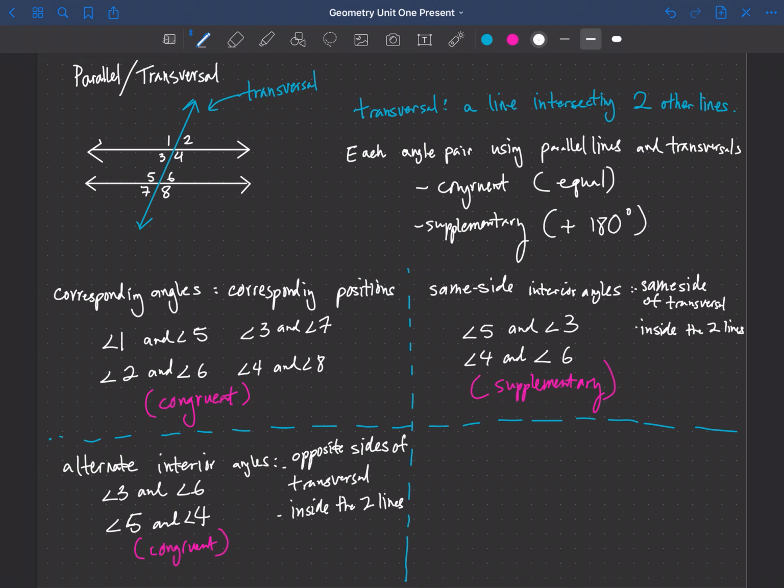Lastly, our last one is alternate exterior angles. They are alternate, so opposite sides of the transversal. But since it's exterior, it's going to be outside the two lines.